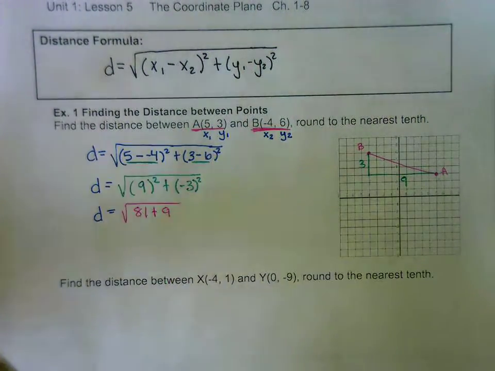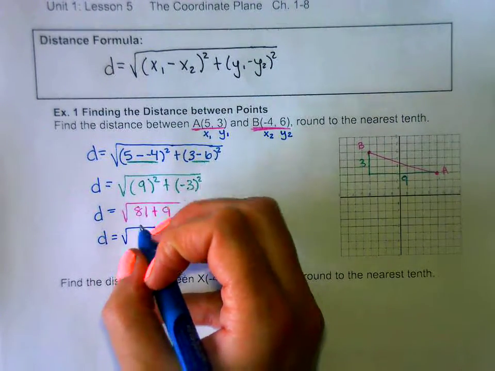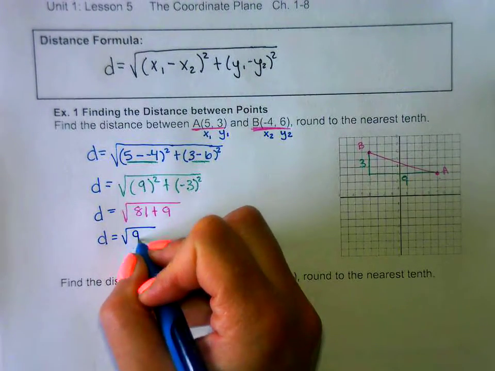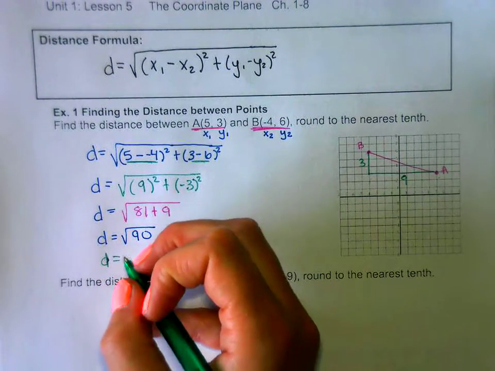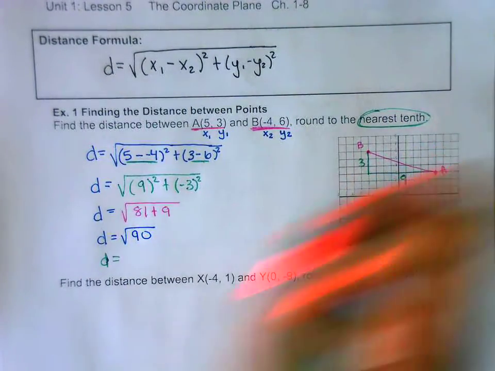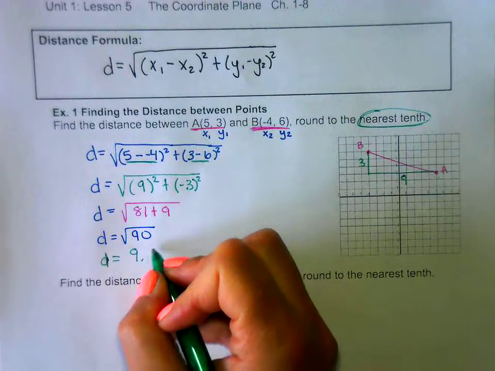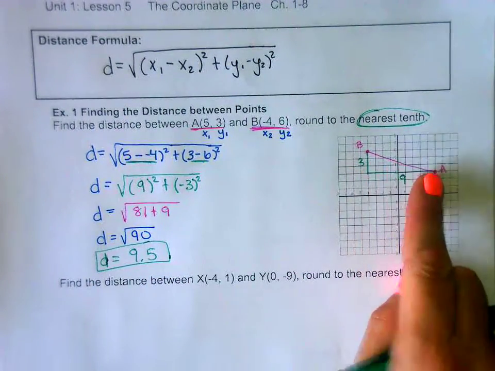So then from here, I can add 81 and 9 together. So 81 plus 9 is 90. So this distance is going to be the square root of 90, and I want it rounded to the nearest tenth. So it's going to be 9.5. That is the distance between A and B.